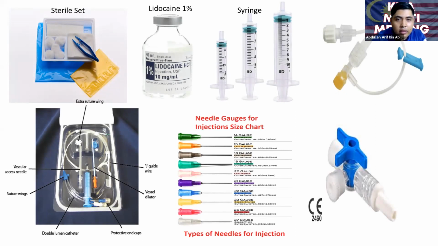So this is the sterile set. Okay, I think all of us have already seen this. So lidocaine local anesthetic, 3 ml syringe, and then T-connector used for administration of the solution into the vein, and then the Seldinger set for the procedure, and then we need needles.